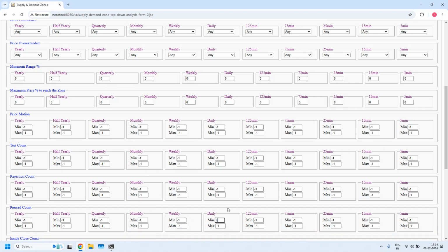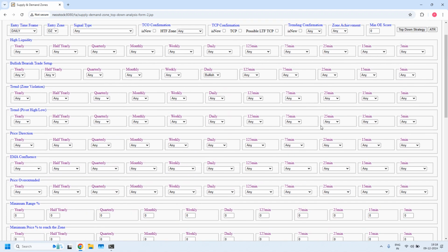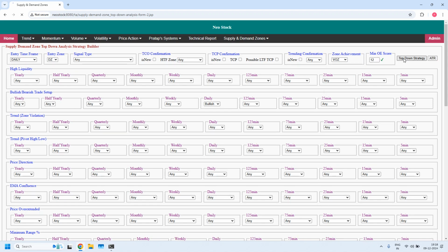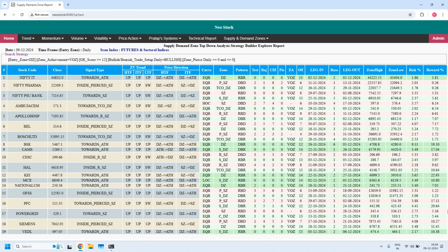So I am setting minimum value 0, maximum value 0. Zone achievement violated opposing zone, minimum odd and hands score 12, and these three filters are applied to daily demand zone. And now we got 19 stocks. Currently all these 19 stocks are supporting bullish trade setup for monthly income trade.